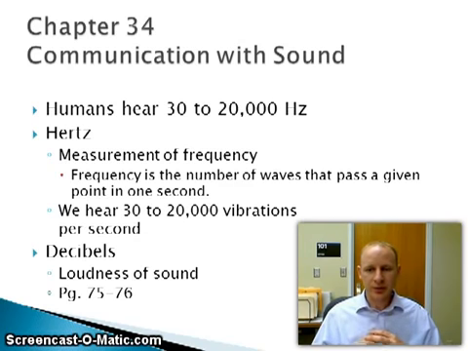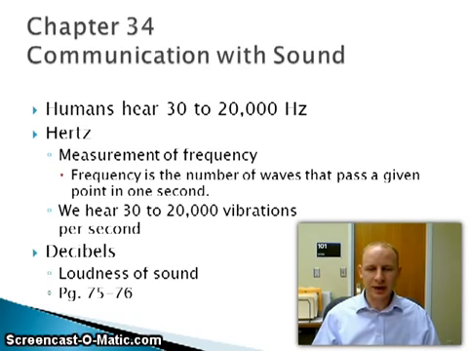So as we make that rapid disturbance in the air, it creates a wave in the air, and that wave has a curve, a standard sine wave, and it has a frequency to it. And that frequency is going to be dependent upon how often those waves go through, how short or long or tall those waves happen to be. And we measure those in hertz. And so as humans, we hear about 30 to 20,000 vibrations per second.